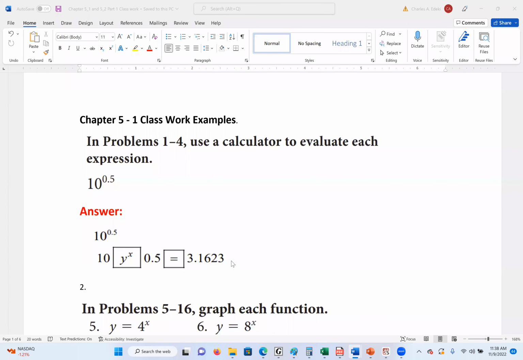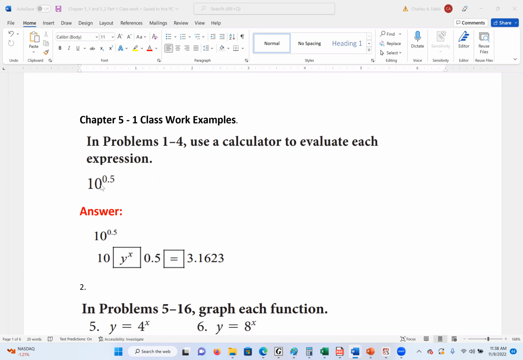So again, problems 1 to 4 are basically teaching us how to use our calculator to evaluate exponential expressions. For example, if I have 10 to the power 20, I don't want to multiply 10 times 10 times 10, 20 times, because that's too long.